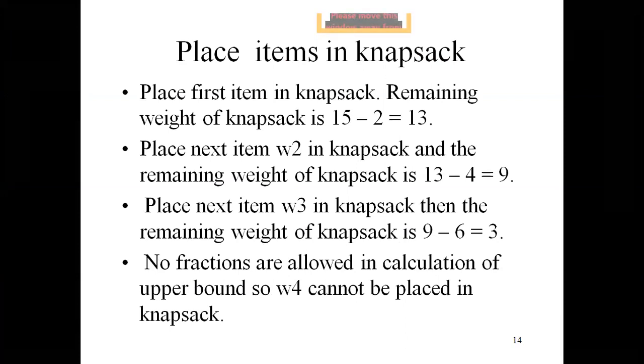Place the first item in the knapsack, that is, the remaining weight of the knapsack is 15 minus 2. If you place the first item, weight is 2 kg, and the bag capacity is 15 kg, now subtract the weight, remaining weight is 13.